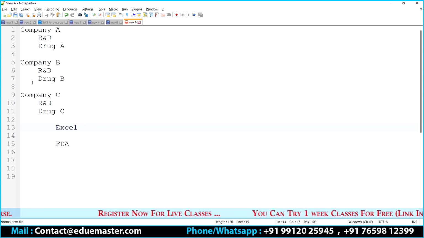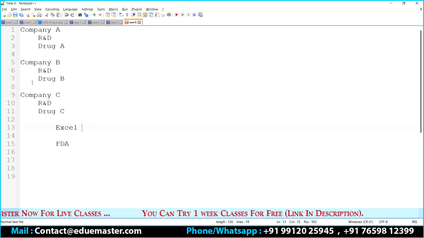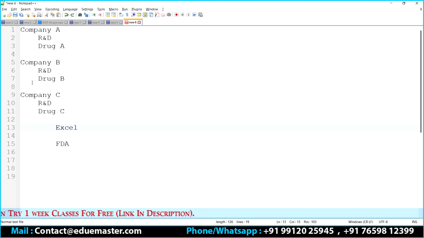I'm writing in full form. When I search for gender in the other company's Excel sheet, I don't find gender there. Instead, they mention it as sex. So both of them are representing the same thing, but my representation is gender, the other company's representation is sex.